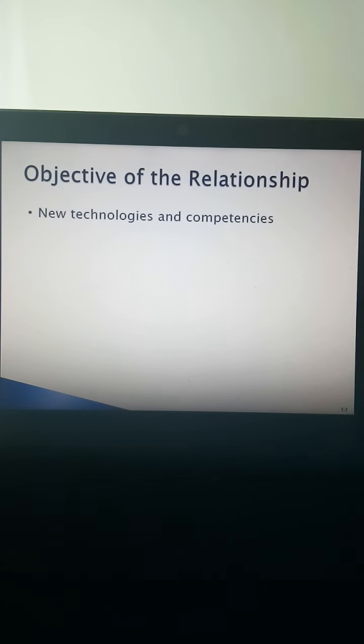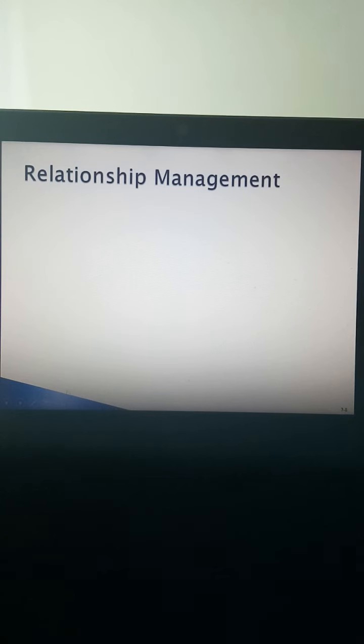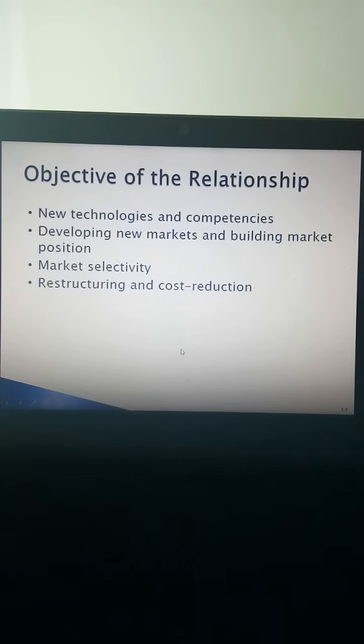Okay, look at managing organizational relationships one by one. Factor number 1 is the objective of relationship. Firms must look at what the objectives of relationships are. A possible objective of strategic relationship could be new technologies and competencies.